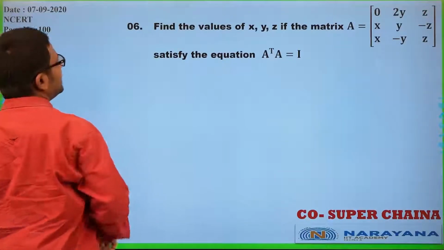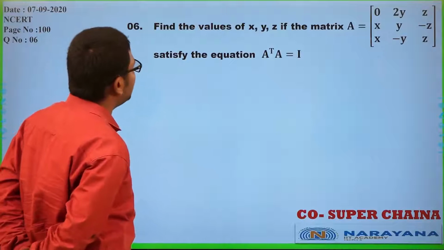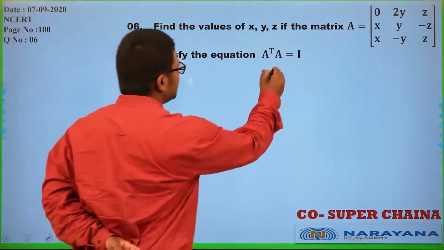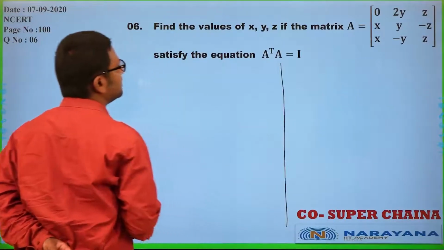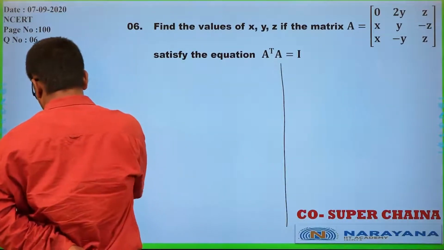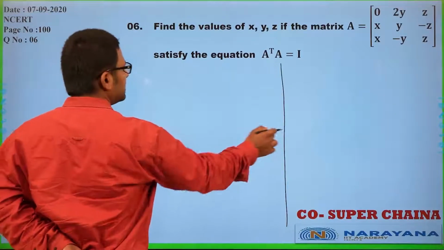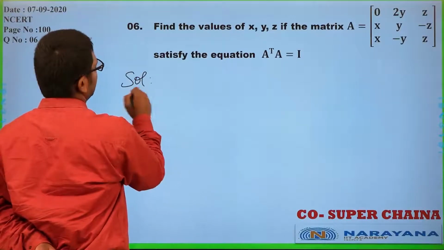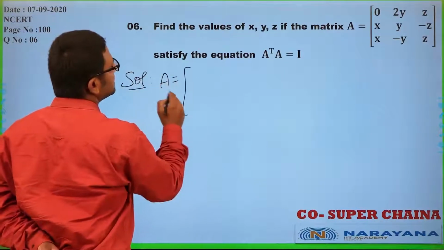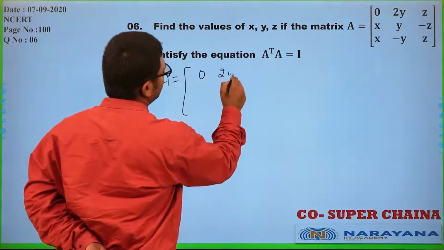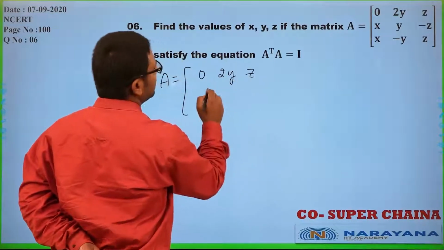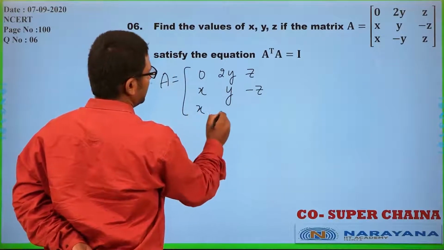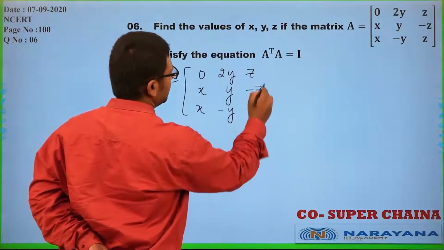Find the values of x, y, z if this matrix satisfies the equation A transpose A is equal to I. Okay? So let us actually start with A transpose A. Given A is [0, 2y, z; x, y, minus z; x, minus y, z], right?